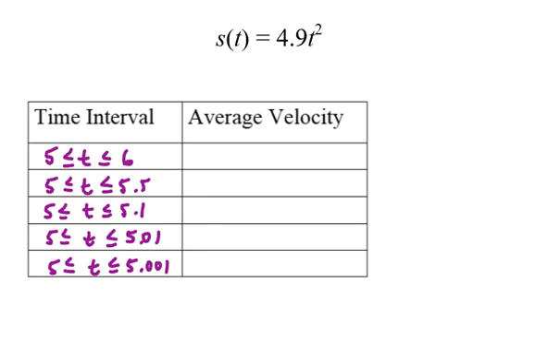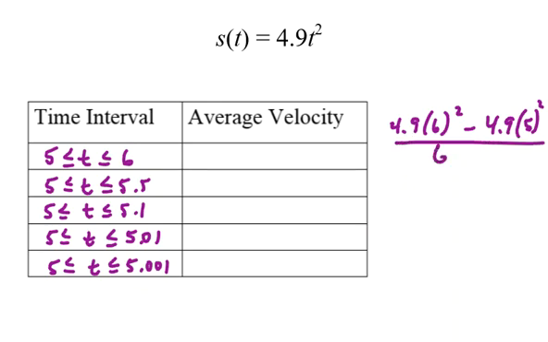Okay. So when we're doing this, the distance traveled on the time interval from 5 to 6 would be 4.9(6) squared minus 4.9(5) squared. Okay, that's the change in the distance, so the distance traveled.